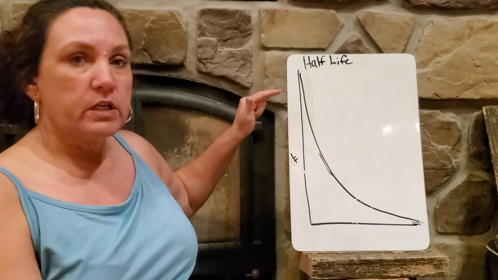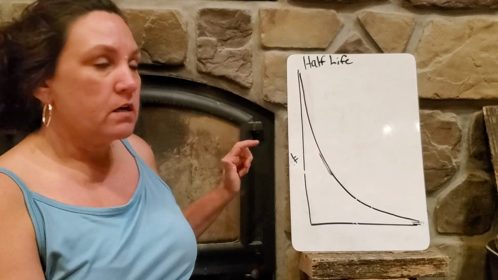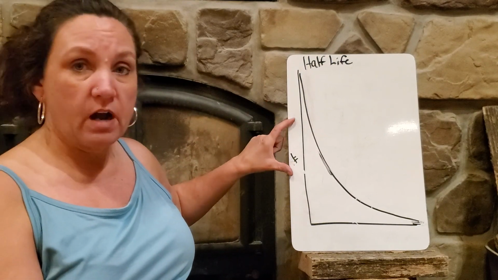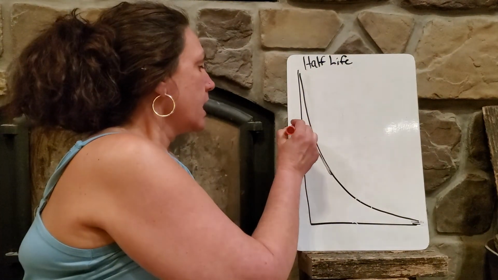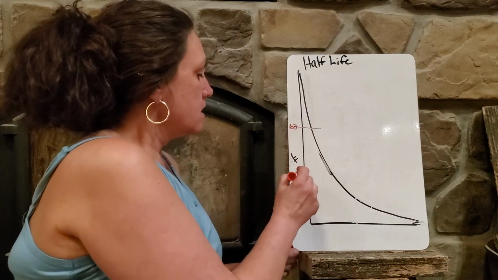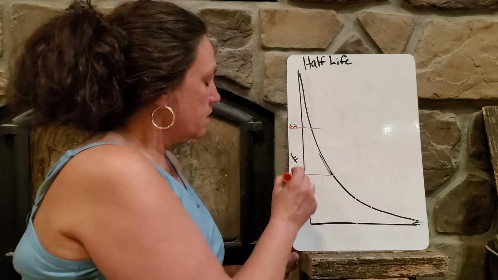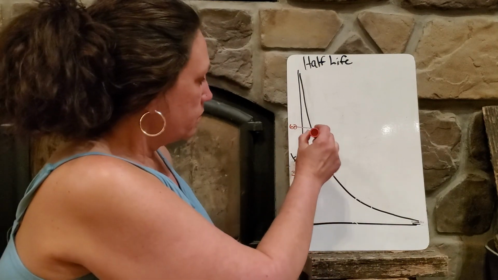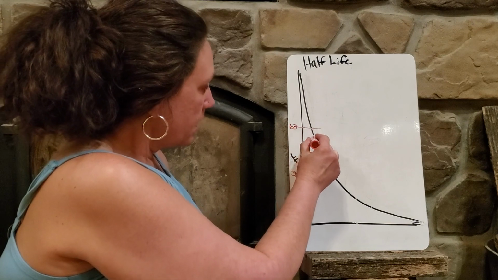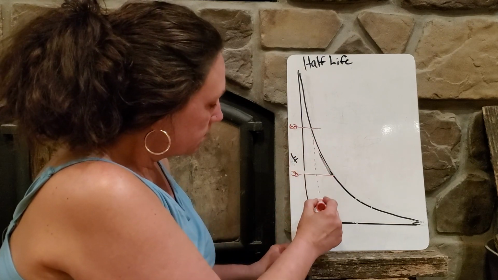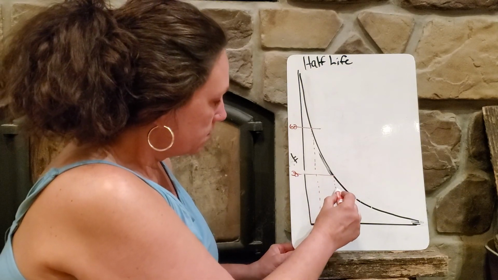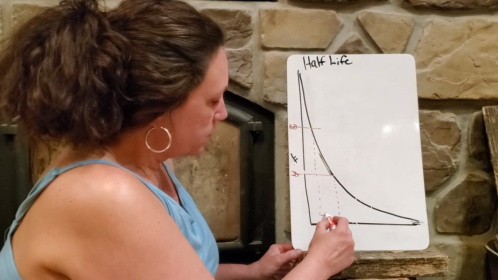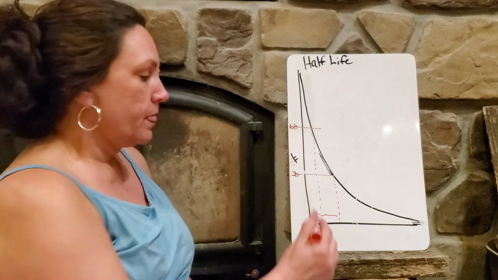We can literally at any 2 points along there find two numbers that are half of each other. So if I had, let's say, here was 60 and here was 30, you could come down, and I'm sure that's not a straight line, but it's supposed to be, and you could come up with your half-life.